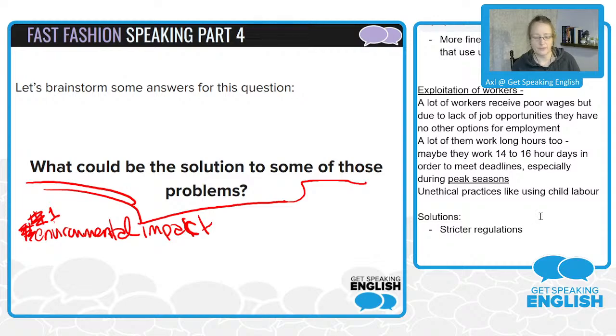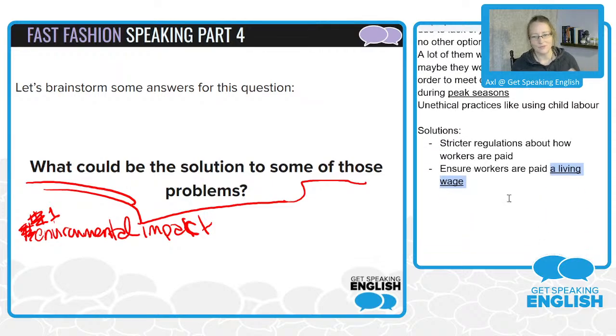So maybe stricter regulations about how workers are paid and how much they receive. Potentially something like that. You know, they can ensure workers are paid a living wage. So a living wage as in they're receiving enough money that they need in order to live a reasonable life, right?